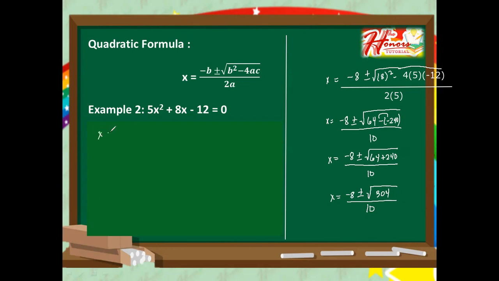So we have here x equals negative 8 positive negative square root of factors of 304 is 16 times 19. So 16 times 19 over 10. So that is x equals negative 8 positive negative square root of 16, that's 4, square root of 19 over 10. Now let's look for x sub 1 and x sub 2.